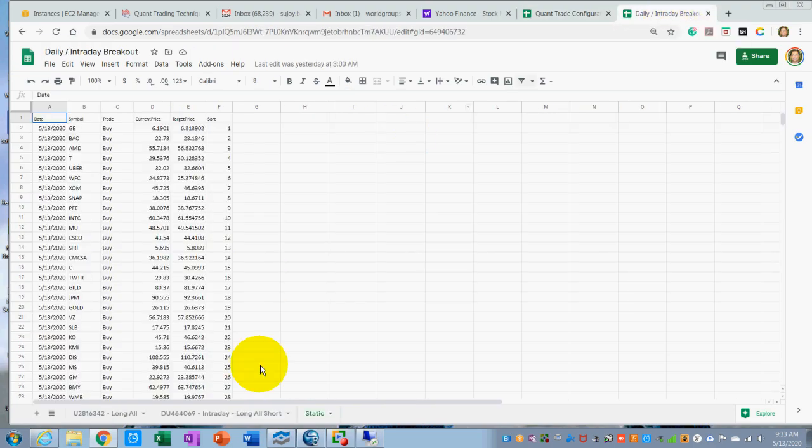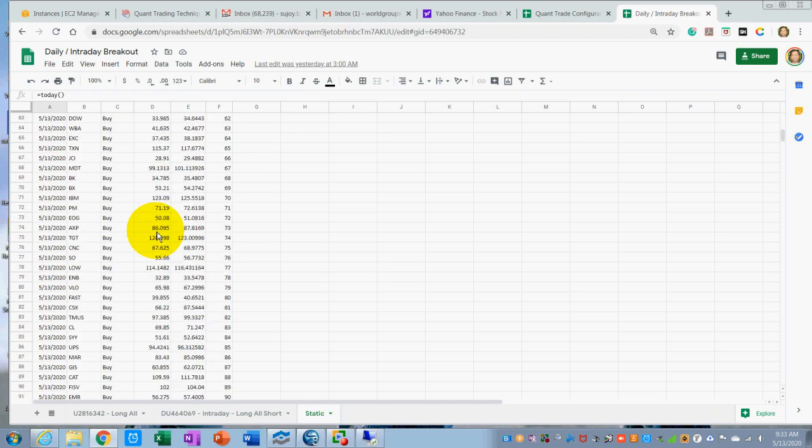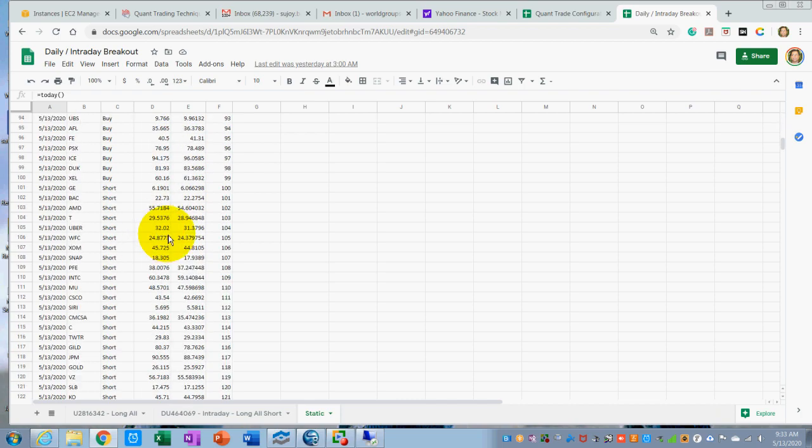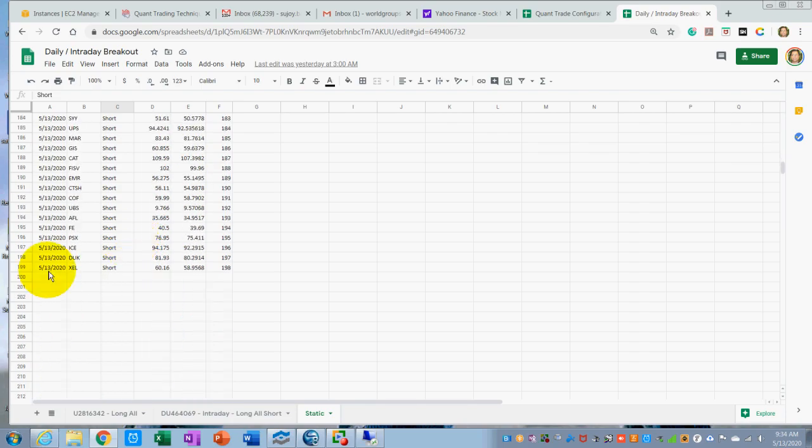So if you come here, this is the list which is dedicated to this particular pipeline or this particular account. Every account will have a dedicated list which will be maintained by our client themselves. This is the list for May 13th, and we have 100 stocks on the long side, around 99, and around 100 on the short side, 199.